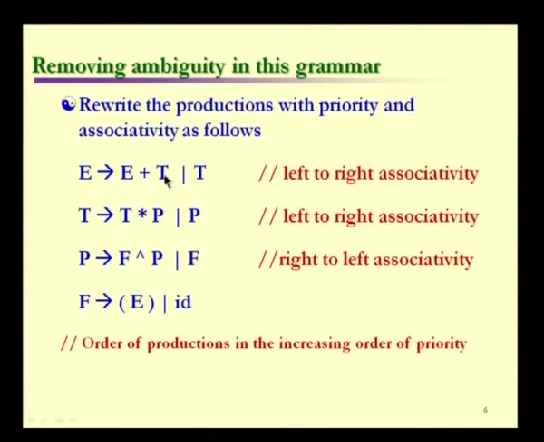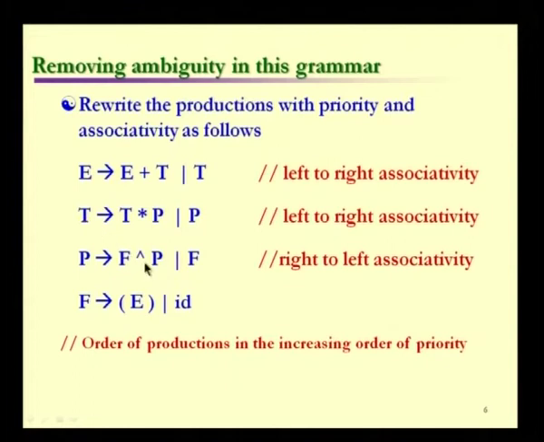This is actually being introduced for relating the various operators along with the start symbol of the grammar. Another important thing to understand is that in both E plus T and T star P, the leftmost variable is the left hand side of the production.